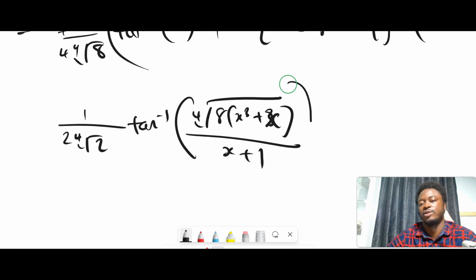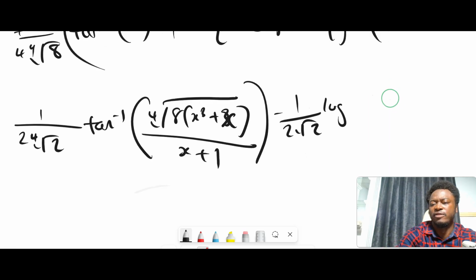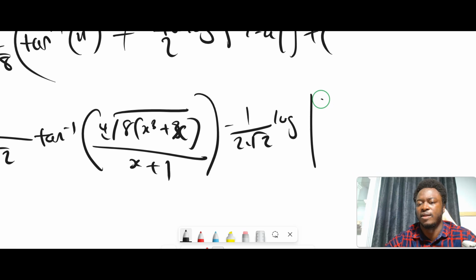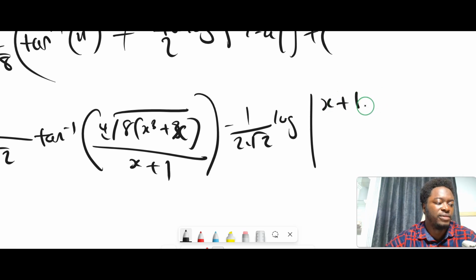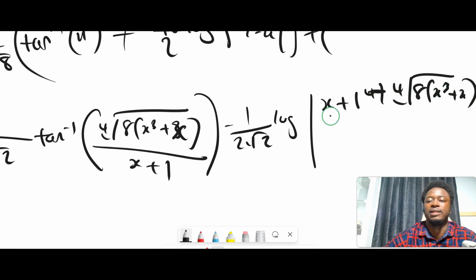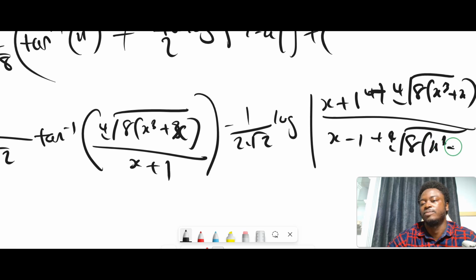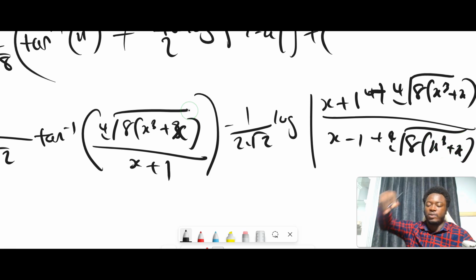Then you have minus 1 over 2 square root 2 times the logarithm of, there's a very long logarithmic form, so you have an x plus 1, and then you have the 4th root of 8 s cubed plus x, and then the same thing, but then you have an x minus 1, and then plus the 4th root of 8 s cubed plus x. You will get all of this if you plug in u and then plug in t again, so that you can obtain the value of x.